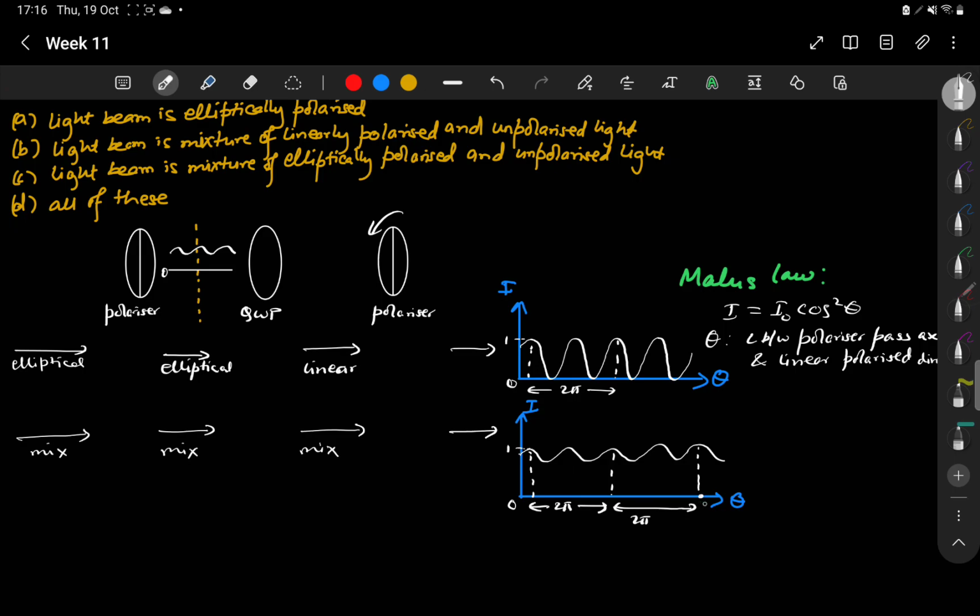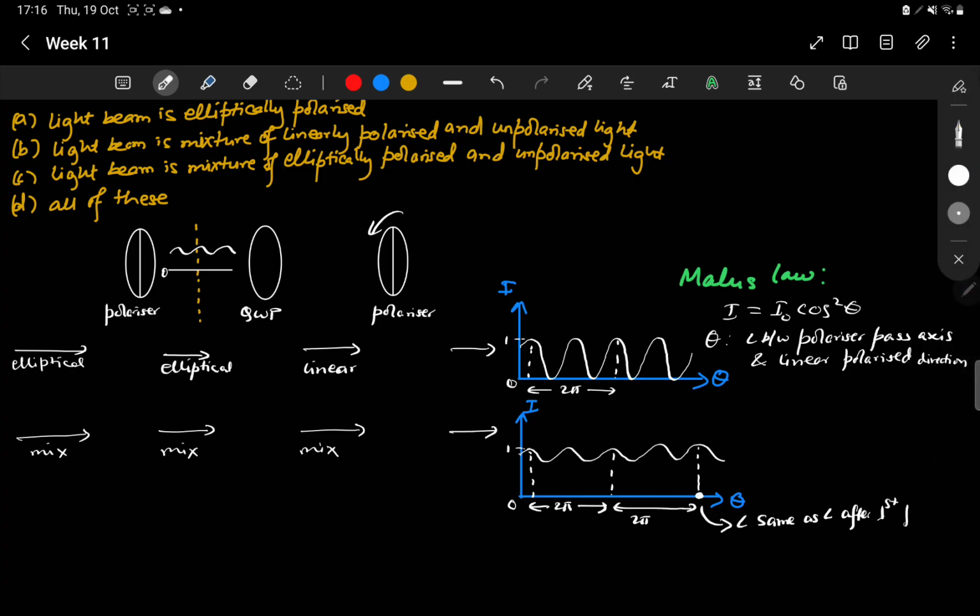And if I look at this point where we have the peak, and if this angle or any of these peak angles is the same as the angle after the first polarizer, then we have a mixture of unpolarized plus linearly polarized.